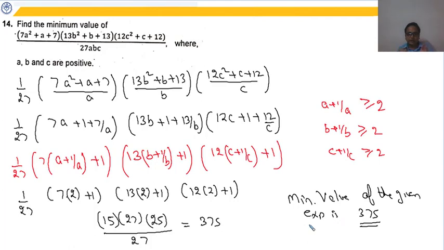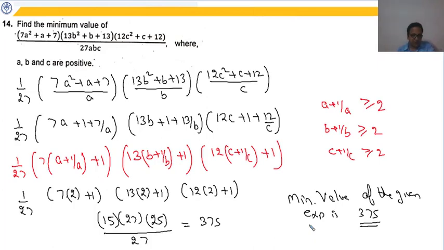Now we are trying to find a logic from where I am getting a minimum value. Sometimes in the examination, such type of question can also be asked: which of the following cannot be the possible value of this expression? Now three options are given more than 375, and one option is given less than 375. So we will mark that option which is less than 375, as it is never possible, as the minimum value of this expression is 375.